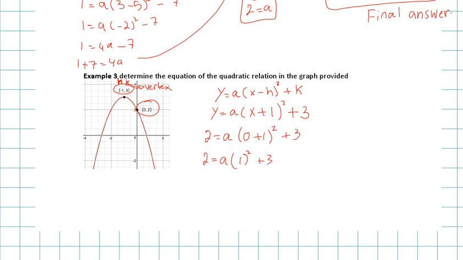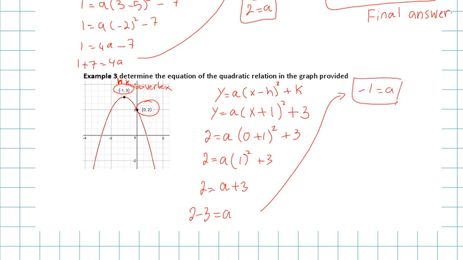So technically I don't have to write 1a, it's the same thing as a. What do I have to do? Bring the 3 over, becomes a -3. So that's -1 equals a. And the equation is y = -1(x + 1) squared + 3. You can put the 1, you don't have to. And done.